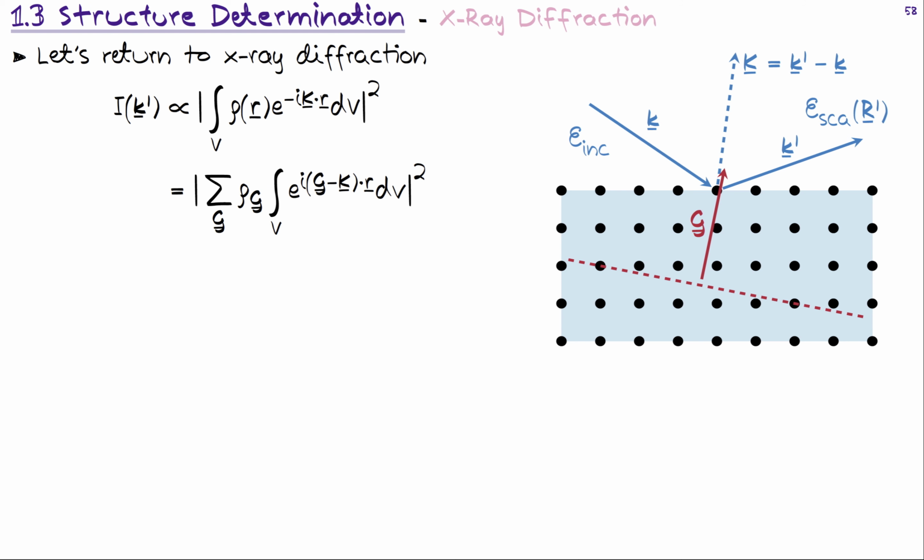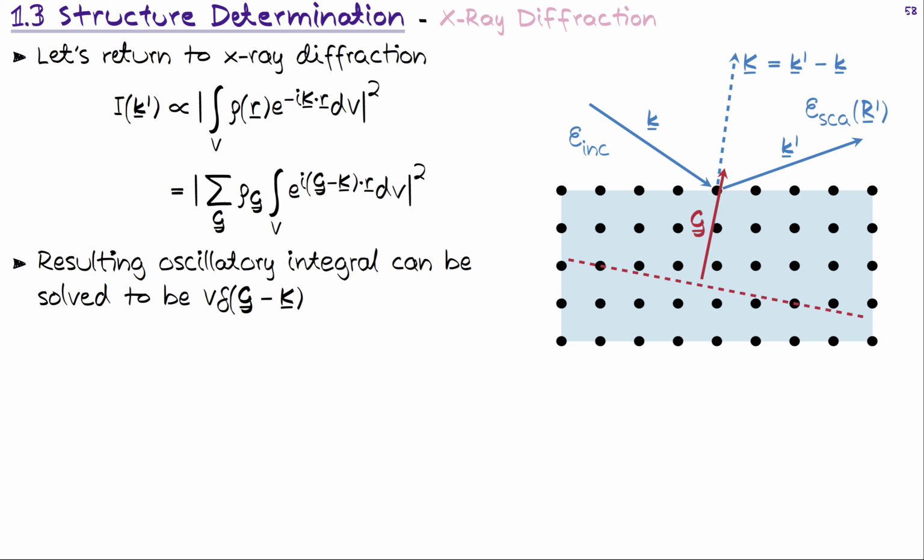Please note what we have mathematically inside the integral here. This is just a plane wave, and we are integrating over a quite large volume. So we are left with an oscillatory integral, and this is actually a known integral from previous courses, which can be solved to be V, the volume over which we are integrating, times the delta function of G minus K. With that, we can simplify our description of the irradiance that we are measuring in a given direction of K prime.